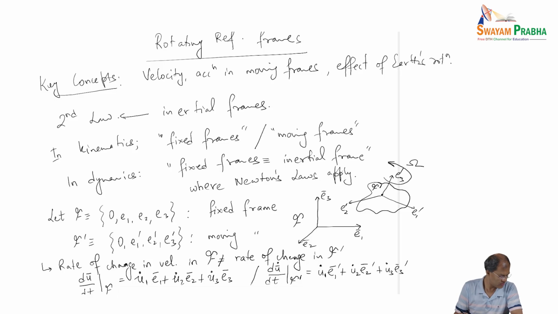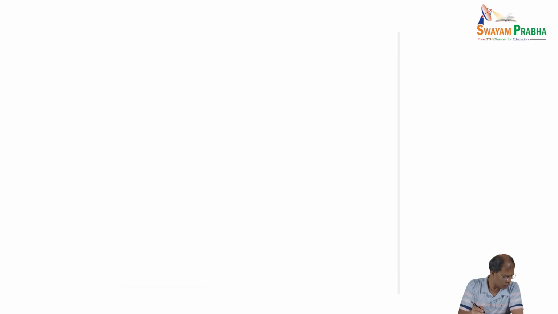So let us say we denote the quantities in the fixed frame as true values and in the moving frame as apparent values, right? So let us denote the true and the apparent values.